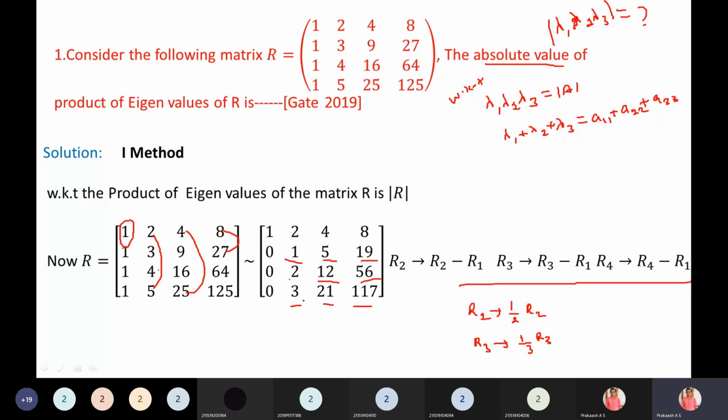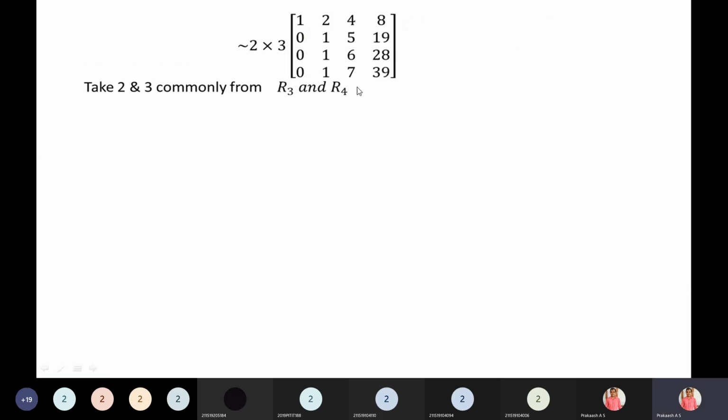Now this is 1, 7 and 39. So now we can easily apply. Otherwise, you can take 3 commonly from R3 outside.